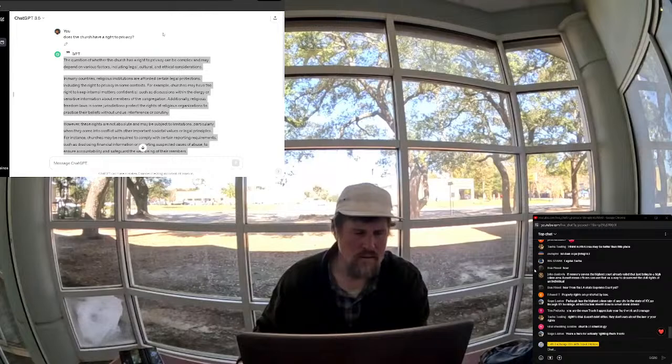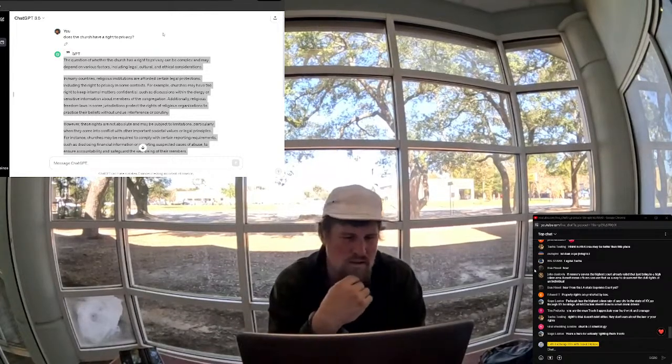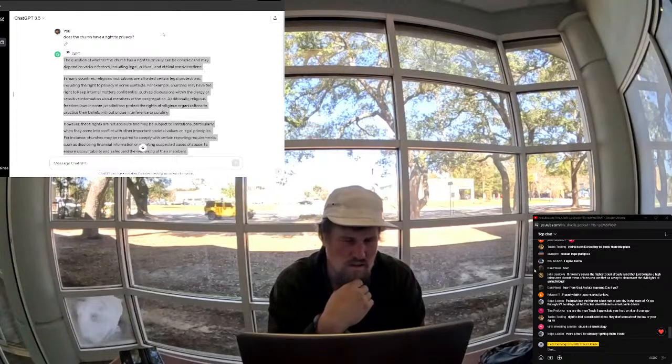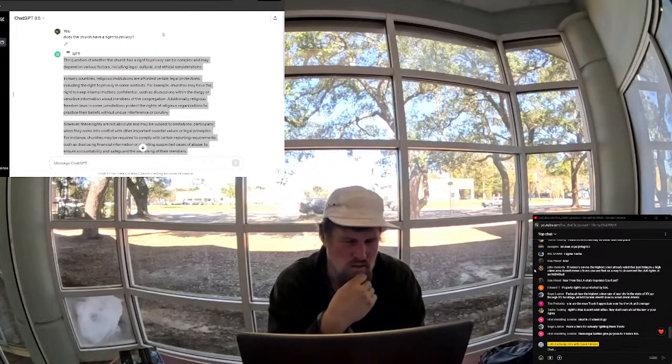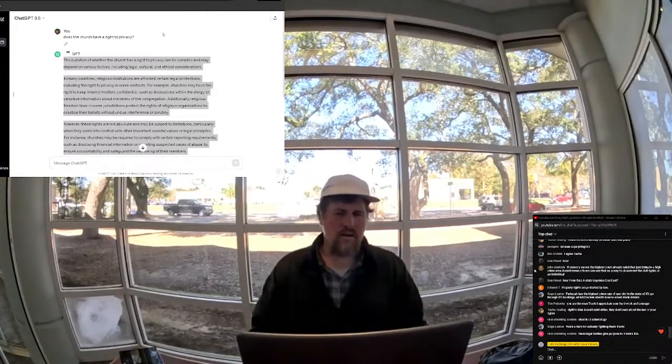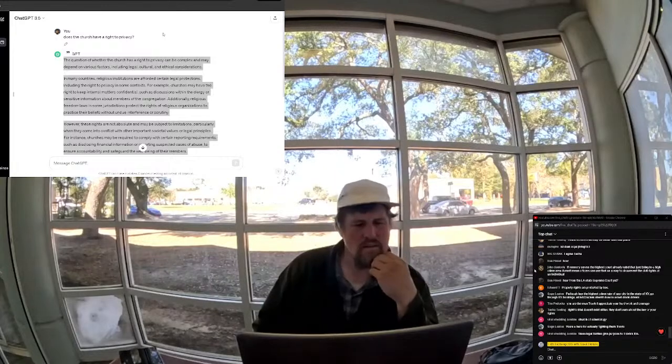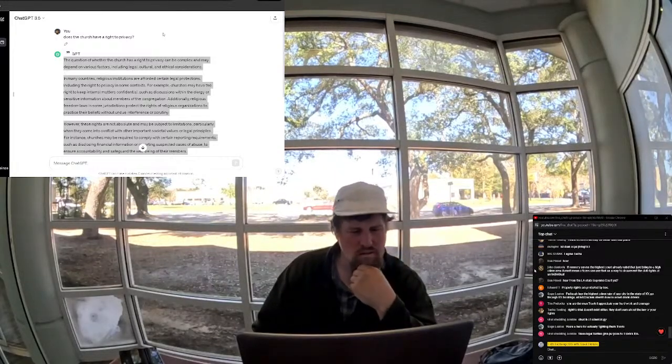The question of whether the church has a right to privacy can be complex and may depend on various factors, including legal, cultural, and ethical considerations. In many countries, religious institutions are afforded certain legal protections, including the right to privacy in some contexts. For example, churches may have the right to keep internal matters confidential, such as discussions within the clergy or sensitive information about members of the congregation.